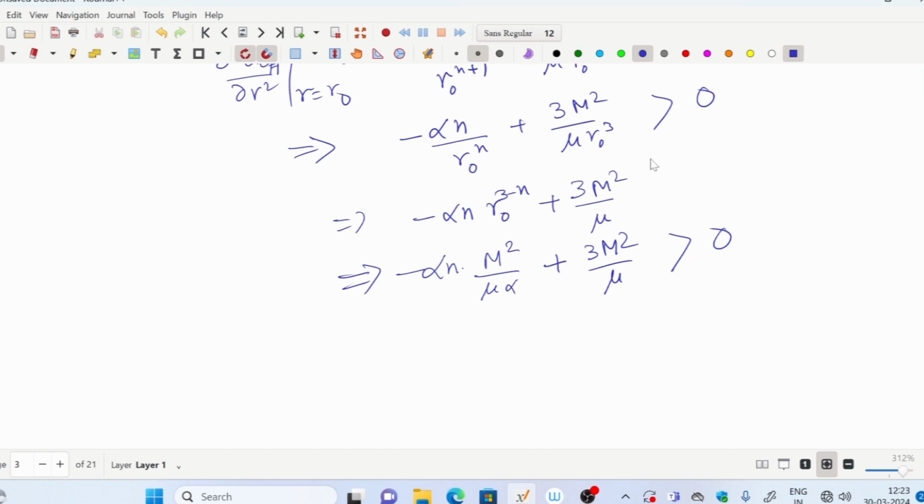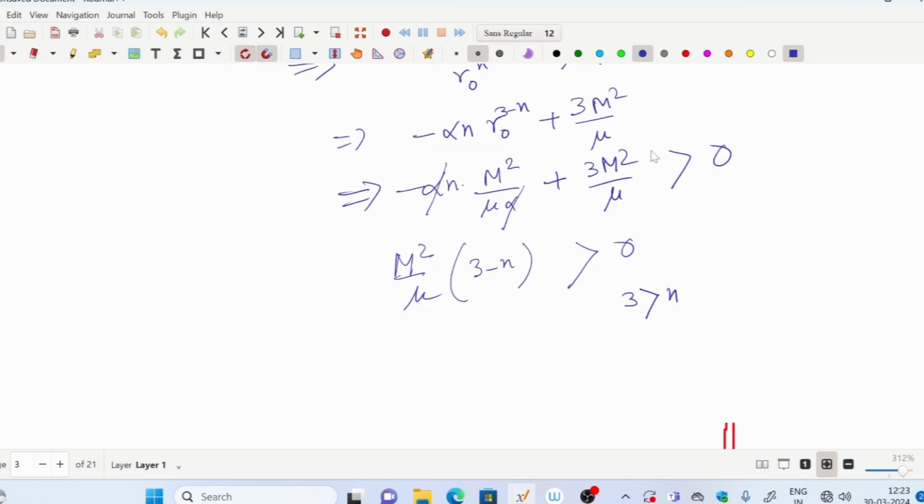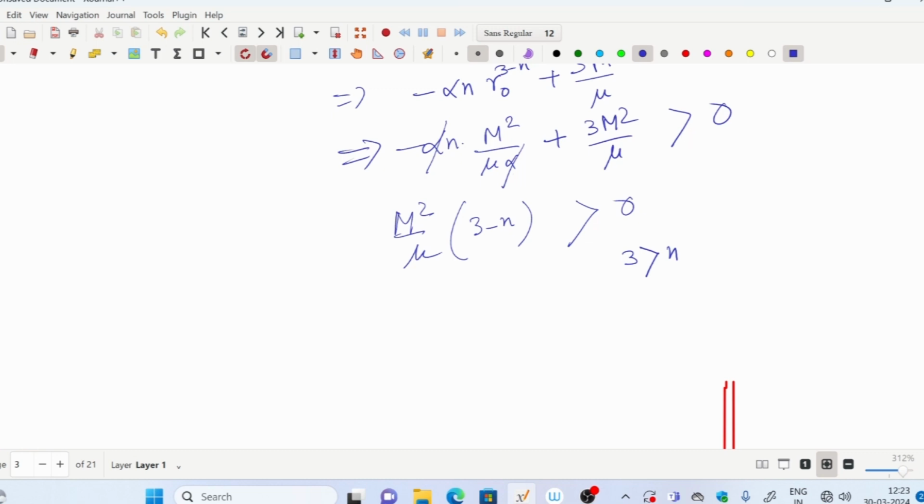The alpha cancels. If I take m square by mu common, then I get 3 minus n should be greater than 0, and this can be greater than 0 only when 3 is greater than n. So, we find a condition that n should be less than 3.